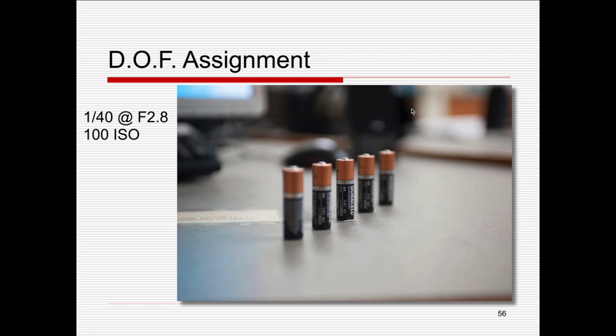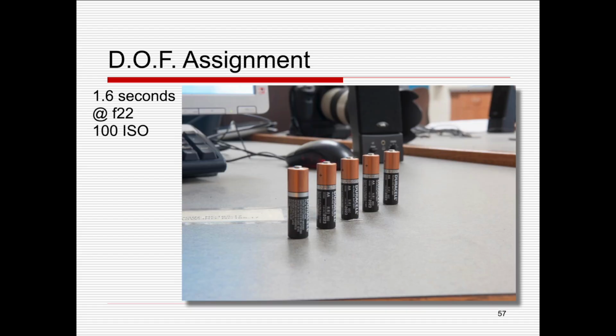We don't really see it, but what we are looking at immediately is this center battery that's in focus. And then when we go to f22, we can see everything in the background. There's a keyboard and a monitor and a camera and a lens and a speaker and a mouse and desks and all sorts of stuff.